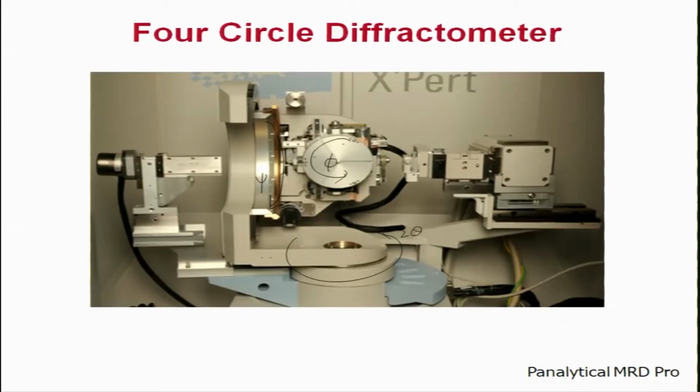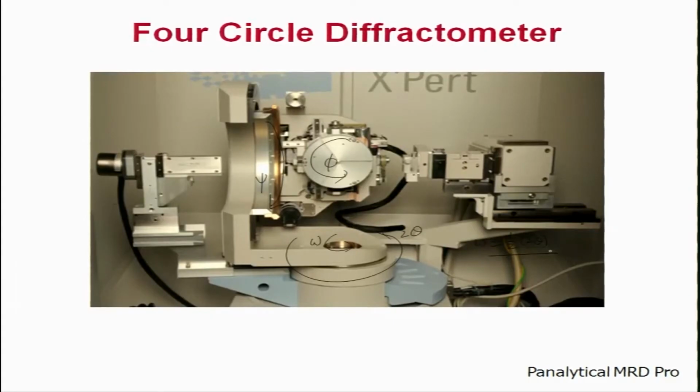So, this is the 2 theta plane, the sample can also rotate along its own axis. So, this is omega. So, omega is used for rocking curve, omega is basically half of 2 theta, okay. So, this is used for rocking curve analysis.